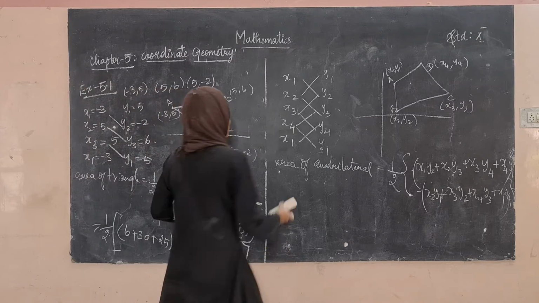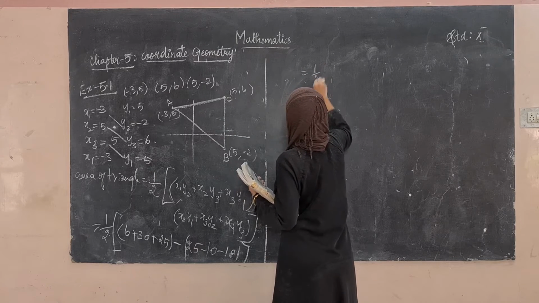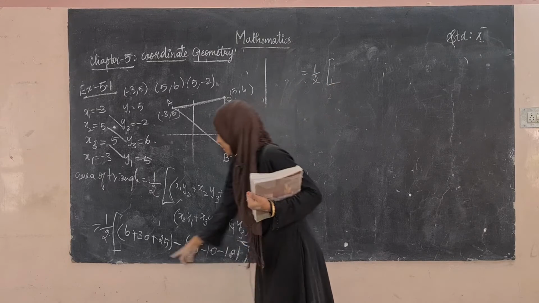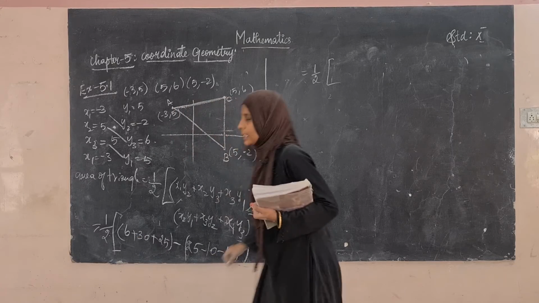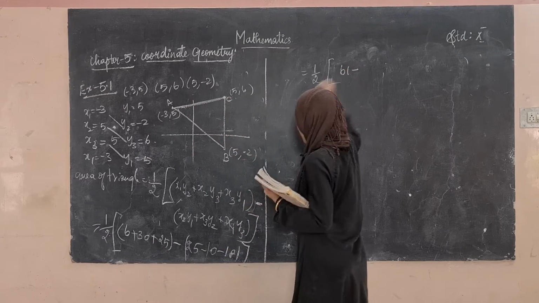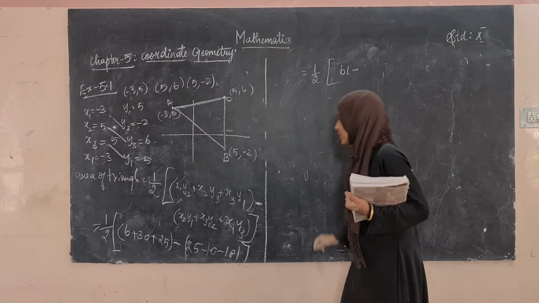Now solve this, which is equal to 1 by 2 into 30 plus 25 is 55, 55 plus 6 is 61, 61 minus, here minus 10 minus 18 is minus 28, 25 minus 28 is minus 3.